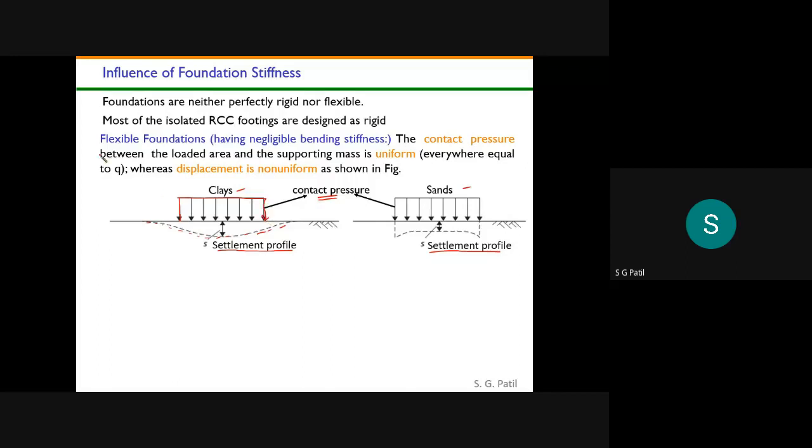What is an example of a flexible foundation? Raft foundations. Those can all be designed by considering the flexibility of the foundation.